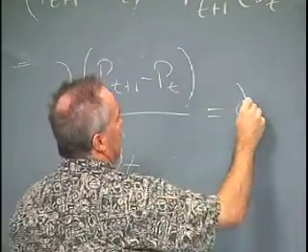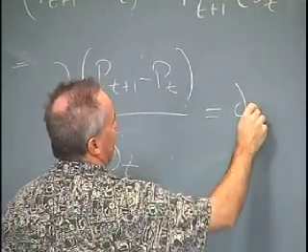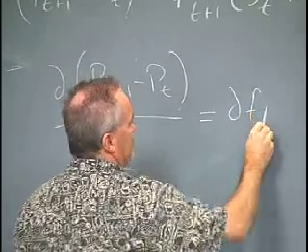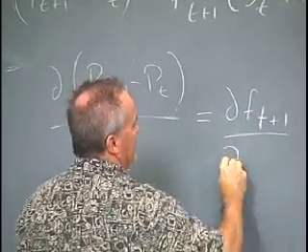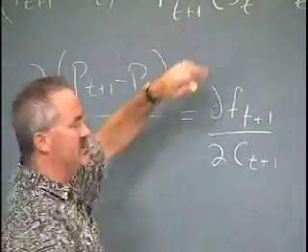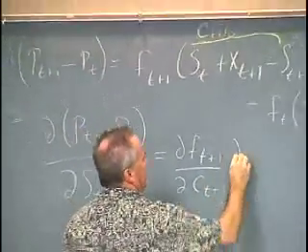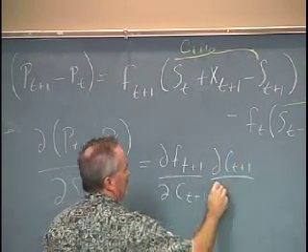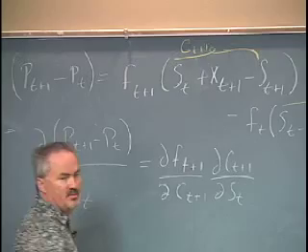So this will equal, if we use the chain rule, the differential of F of T plus 1 with respect to C of T plus 1, which is in the brackets here, times the differential of C of T plus 1 with respect to S of T, right?